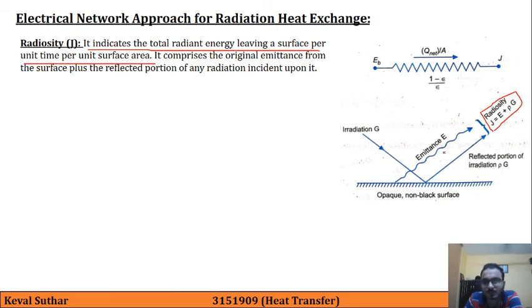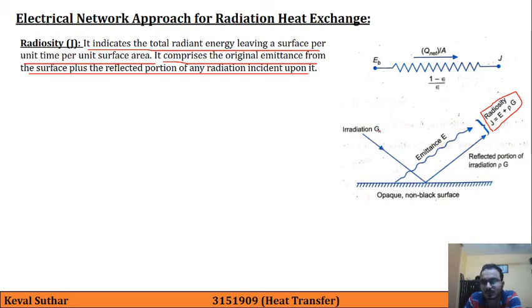It comprises the original emittance from the surface, that is this curvy arrow, plus the reflected portion of any radiation incident upon it. So if we consider this radiation which is incident, some portion is being reflected.